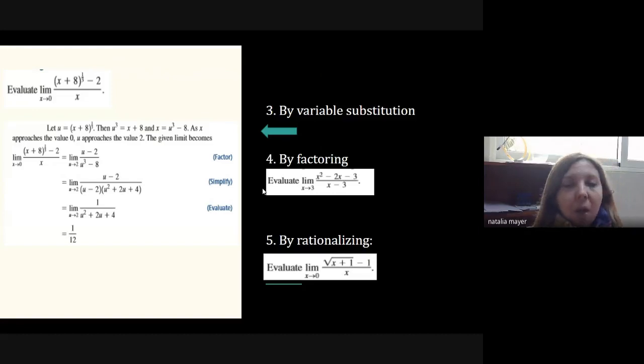So by variable substitution. Let me remind you that we are familiar with the method of variable substitution, for example, from the last unit in advanced functions, when we were introducing a new variable to solve exponential equations, if you remember. Generally, introducing a new variable is a method which is used in many aspects of math, okay?